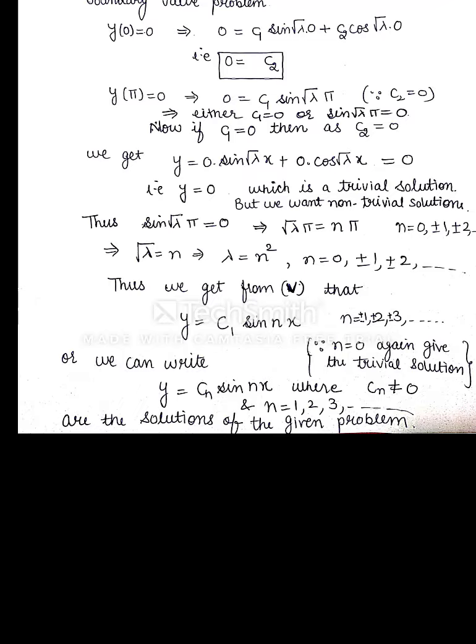That is, n can be any natural number. And therefore, for the non-trivial solution of the given problem, lambda must be equal to n², where n is equal to 1, 2, 3 and so on.